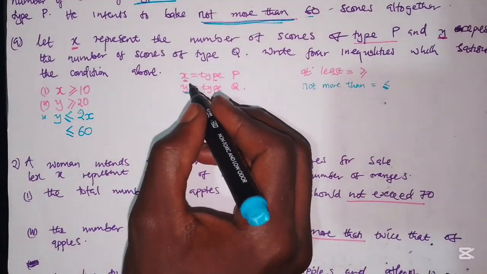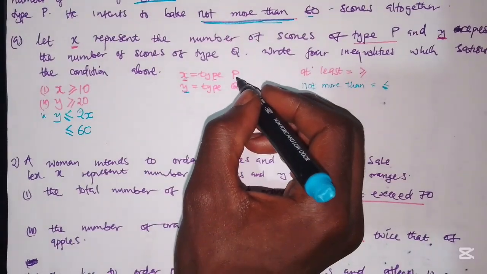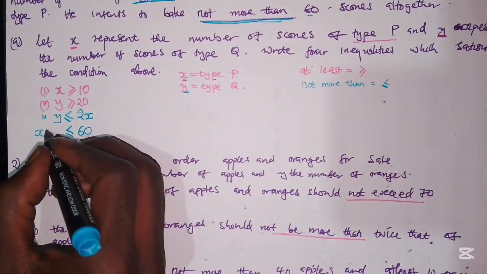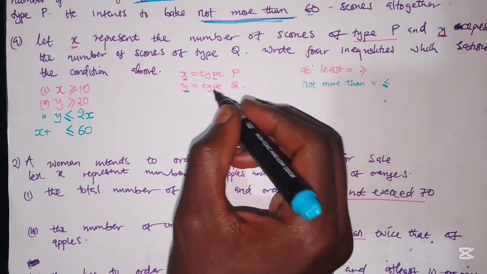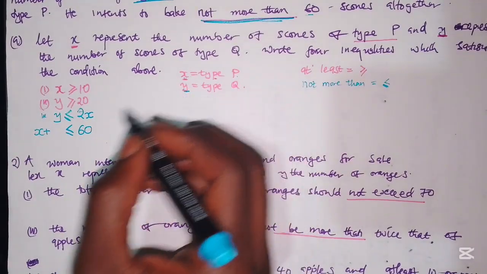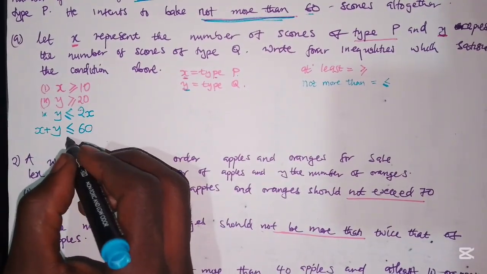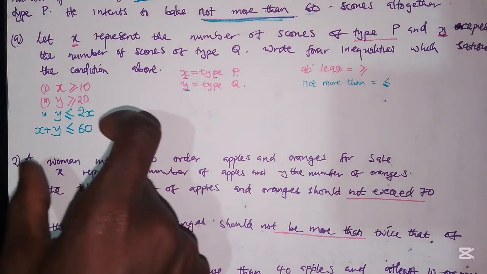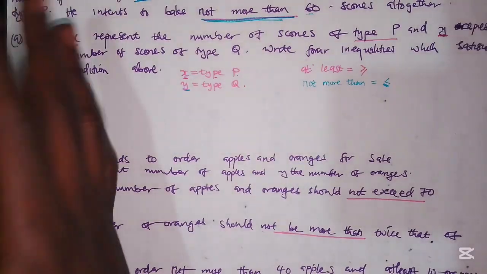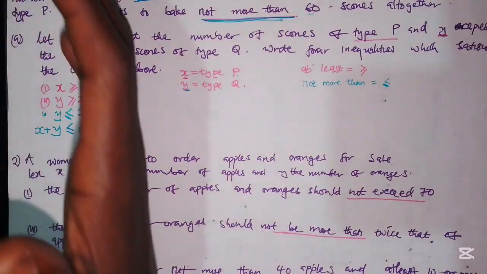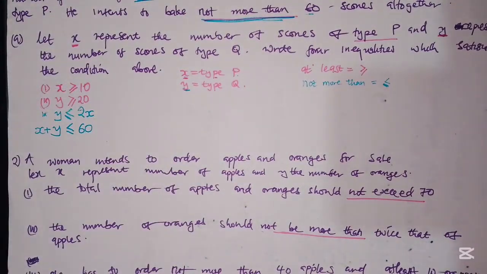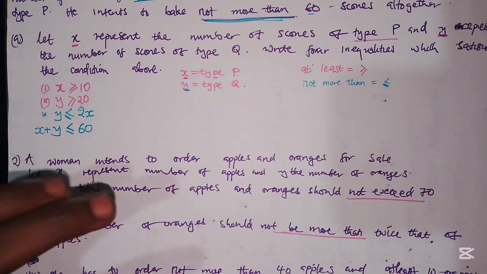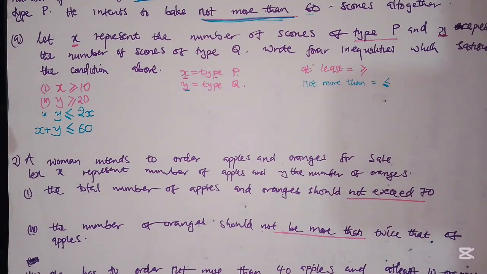Since X is representing type P and type Q is represented by Y, you say X plus Y should be less than or equal to 60. Meaning you have written all your 4 inequalities and you have gotten all your 4 marks. This is how inequality questions are simple.